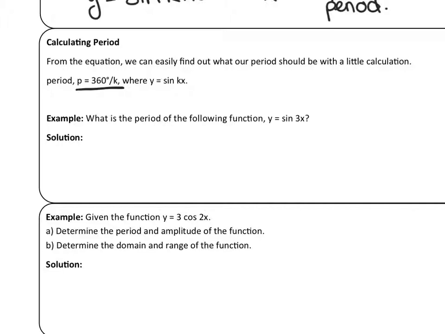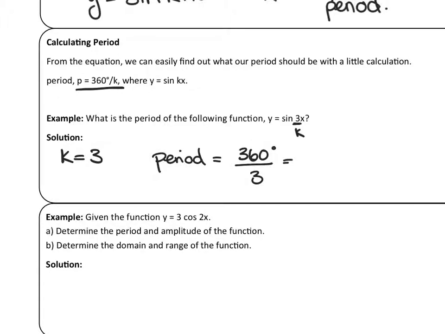So in our example, what is the period of the following function? Y equals sine 3x. So I look here and I see that k is equal to 3. So all I'm going to do to find the period is equal to 360 degrees divided by k, which is 3.